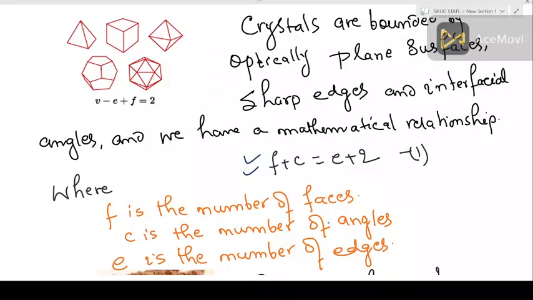So crystal is all about definiteness. It is not that the faces are randomly aligned, or that there is no relation among the number of faces, angles and edges. It is a strictly defined mathematical equation that relates these three quantities, and this is a crystal.